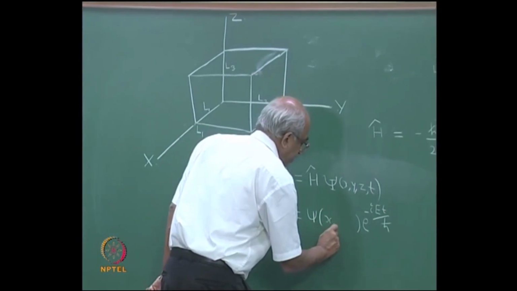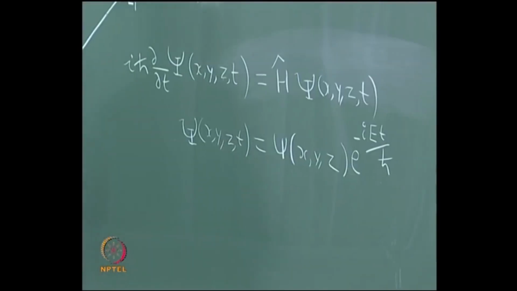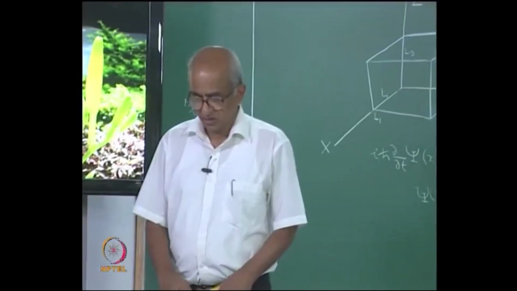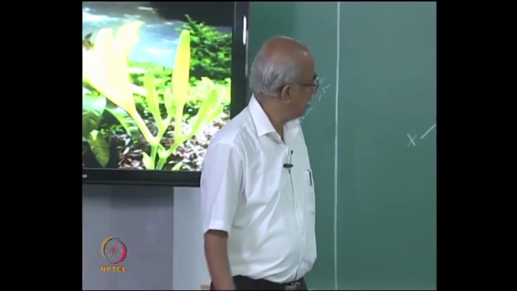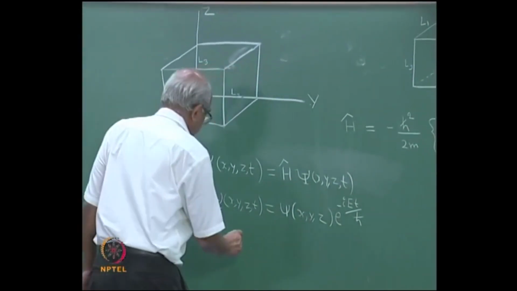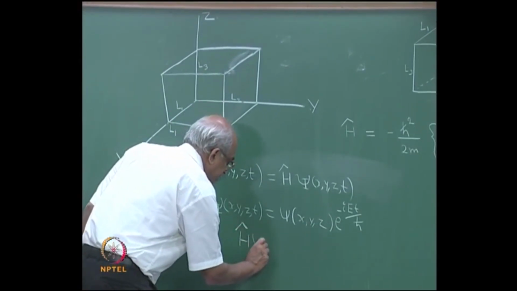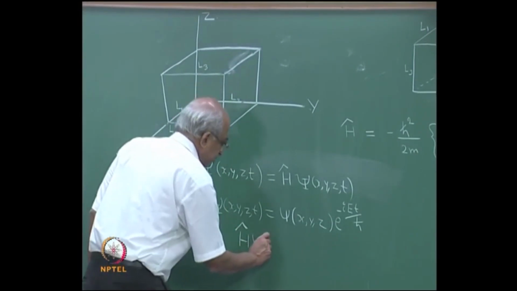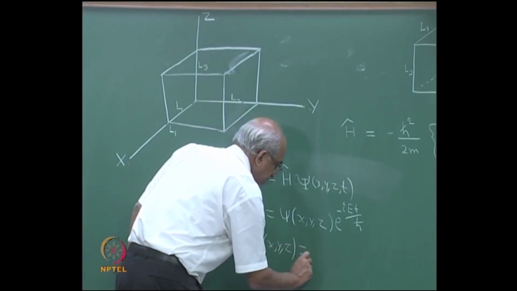Here psi will depend upon x, y, z, all the position coordinates. This kind of thing we have already analyzed. And so, how will you determine this psi? The answer is that you have to look at the simpler equation, the time independent Schrodinger equation, which says that H psi must be equal to E psi.